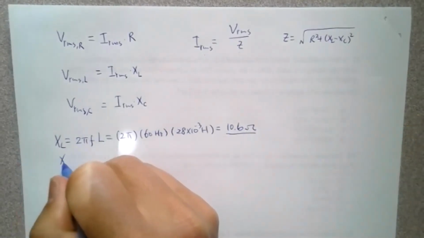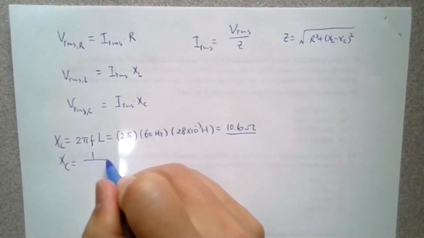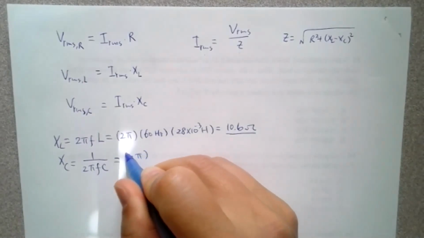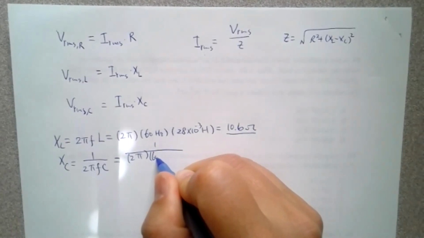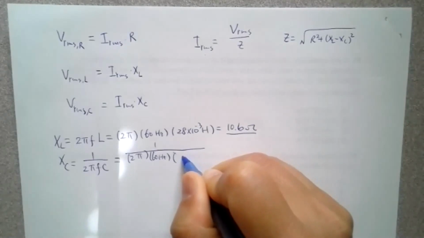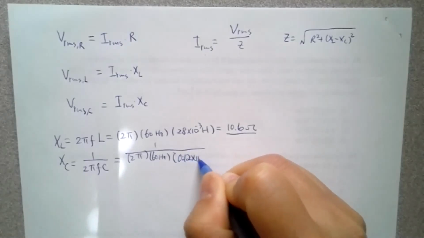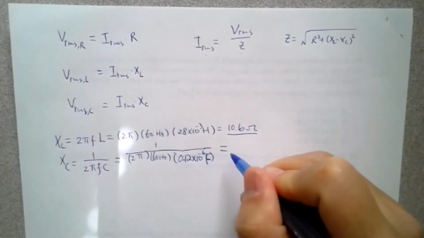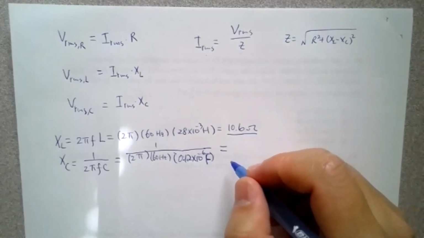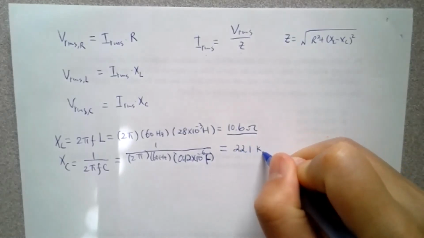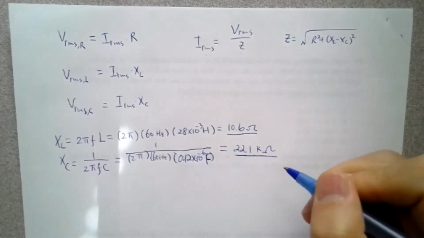And XC is 1 over 2 pi f times C, so 1 over 2 pi times 60 hertz times C, which is 0.12 times 10 to the minus 6 farad. That gives you a relatively big number, 22.1 kilo ohms, or 22.1 times 10 to the third ohms.